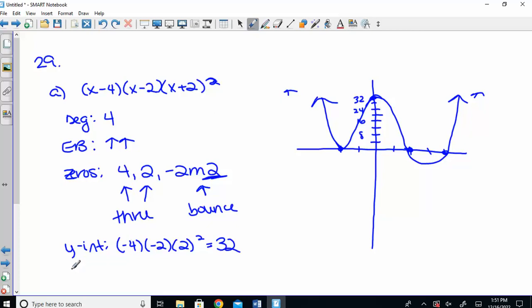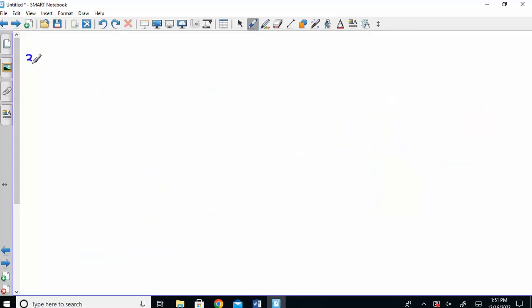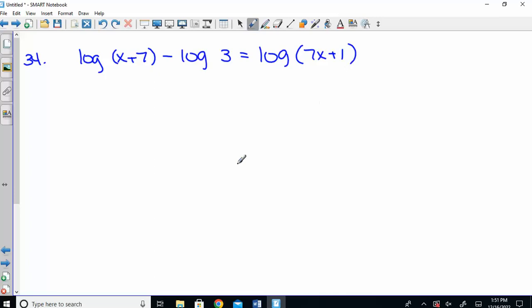All right. So then we got into some of the log stuff. So let's look at 34 and 35. Okay, on 32 and 33 you had logs, but you just had one log on each side.